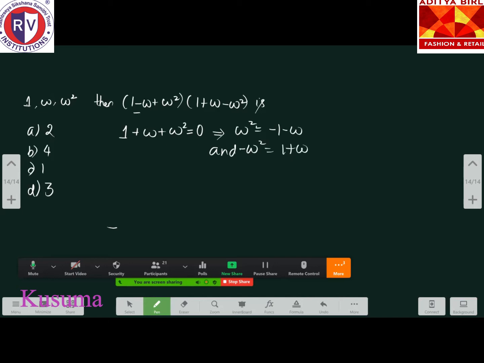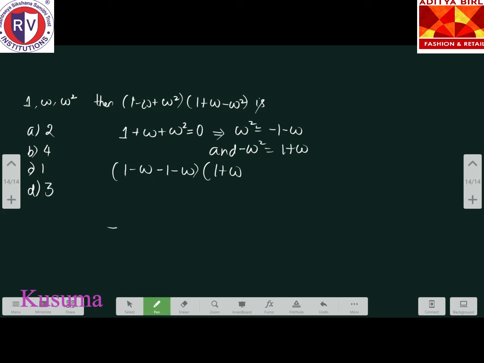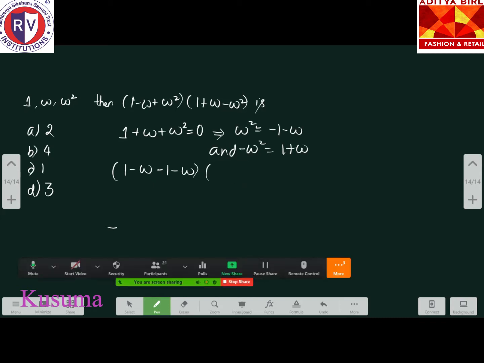So here omega square is there, and here minus omega square is there. Let us substitute those values. So 1 minus omega and omega square is minus 1 minus omega, and here 1 plus omega plus 1 plus omega.